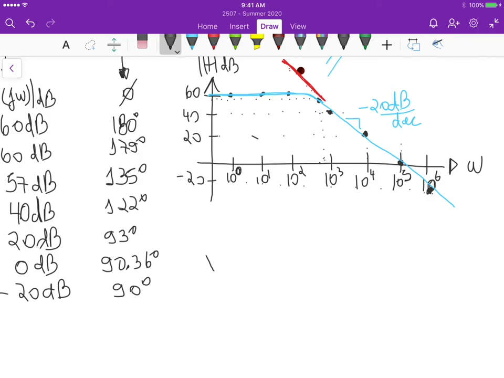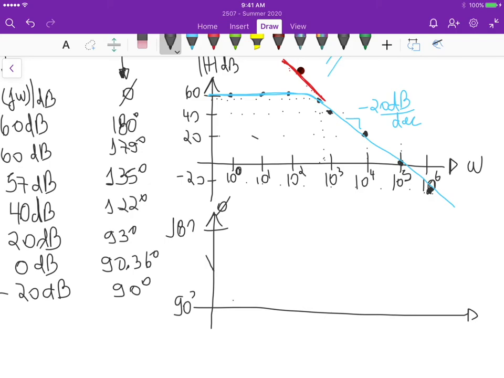Okay, and for the phase, we can say that here we have 90 degrees, here we have 180 degrees. So this is the phase, and we can plot the same values here. So this is just the same, so I won't draw the entire thing.